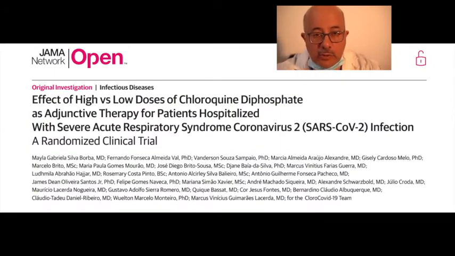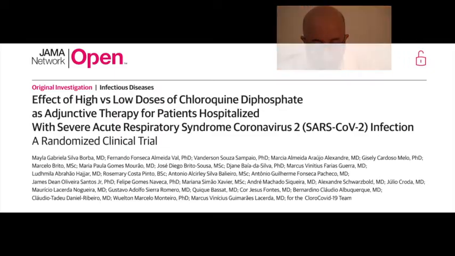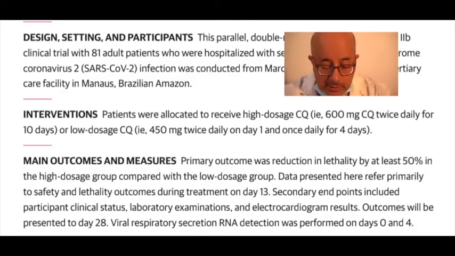A randomized controlled trial was published in the JAMA journal this month. It compared high-dose chloroquine versus standard dose in patients with severe acute respiratory syndrome coronavirus 2, SARS-CoV-2 infection. The main outcome was to test for lethality at day 13, assuming that high-dose chloroquine is associated with a 50% reduction.